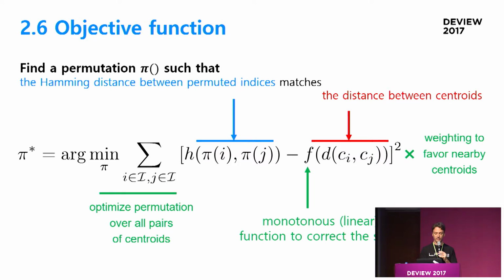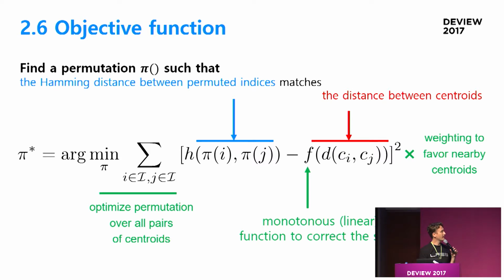We also have to add some terms. Typically, here we add a monotonous linear function to correct for the scale, because the Hamming distance between two d-dimensional binary vectors is somewhere between 0 and d, while the distance between the centroids can be anything between 0 and infinity. And typically also we add a weighting factor to favor nearby centroids.